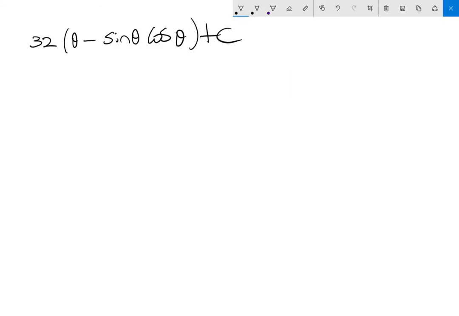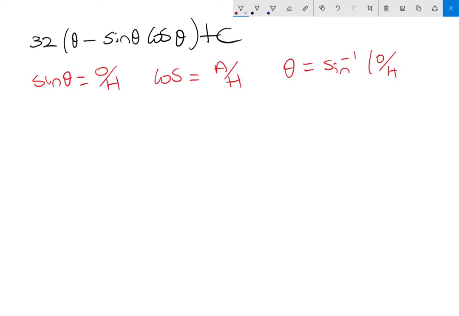Now we know that sine is equal to opposite over hypotenuse, cos is equal to adjacent over hypotenuse, and theta is just equal to sine inverse of opposite over hypotenuse. Now, if we draw the triangle, a nice right angle triangle, this is the hypotenuse, opposite, and adjacent, and this is the angle.